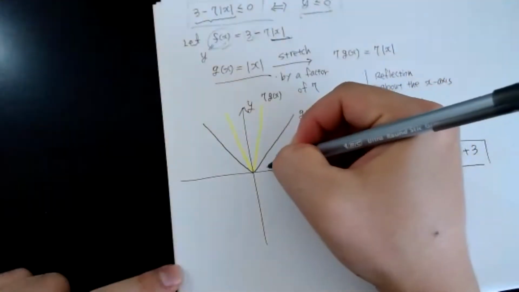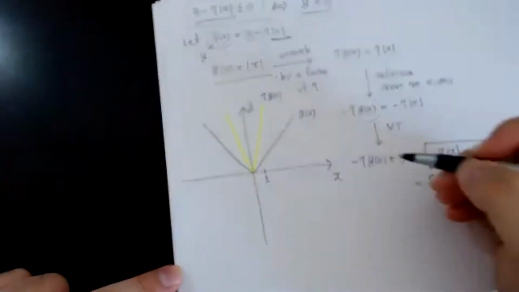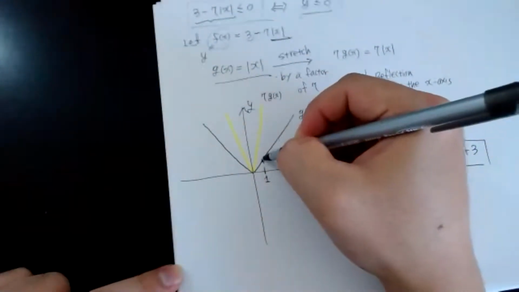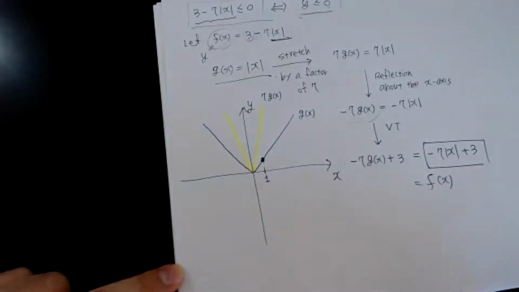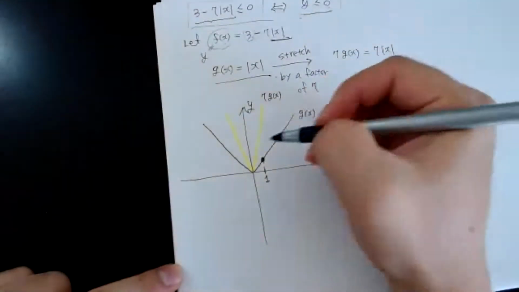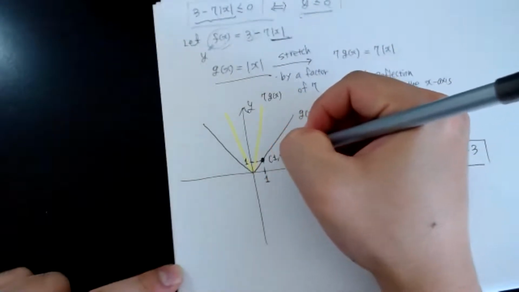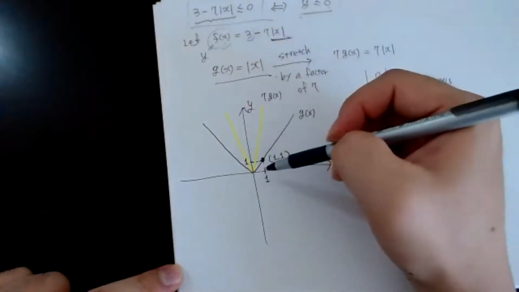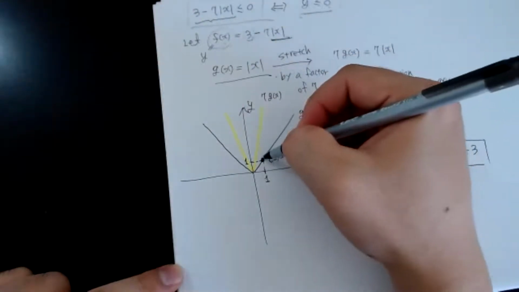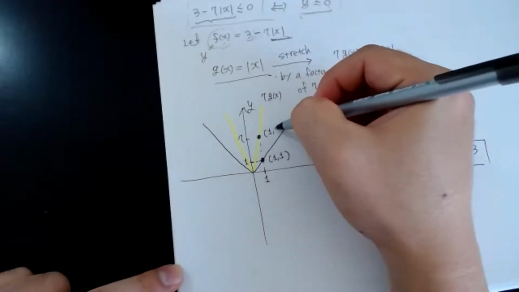For example, when x equals 1, the point on g of x whose x coordinate is 1 has a corresponding y coordinate of 1, right? So this is 1 comma 1, that's the ordered pair of the point. But in 7 times g of x, when x equals 1, we're going to get not 1 but 7. So this is 1 comma 7.